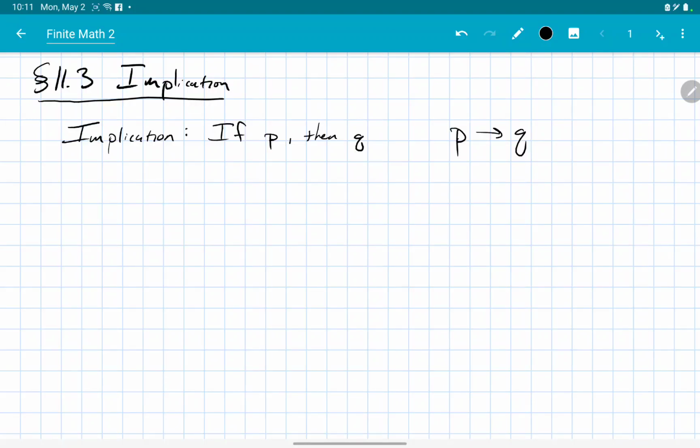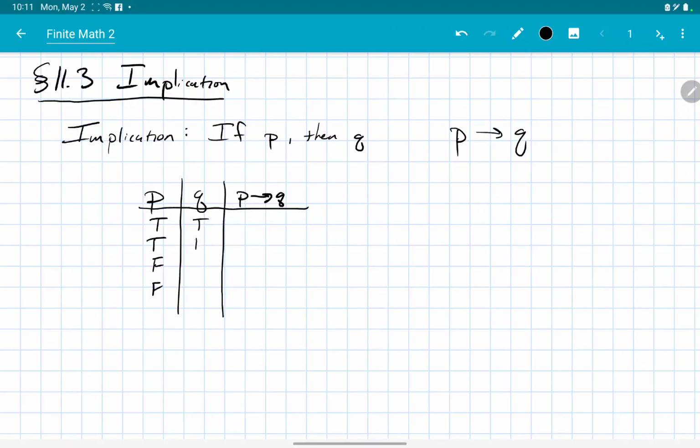So let's draw a truth table for the implication. True, true, false, false. True, false, true, false. Okay. Then, if P is true and Q is true, then P implies Q would be fine. There's no problem. So that's true.